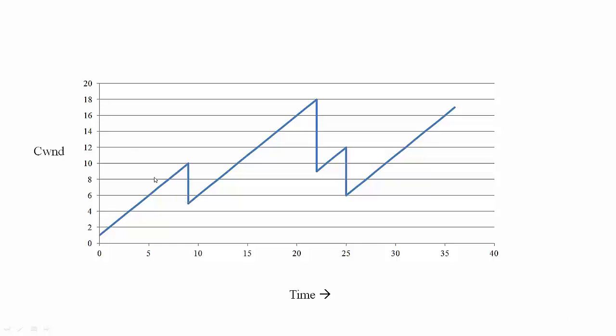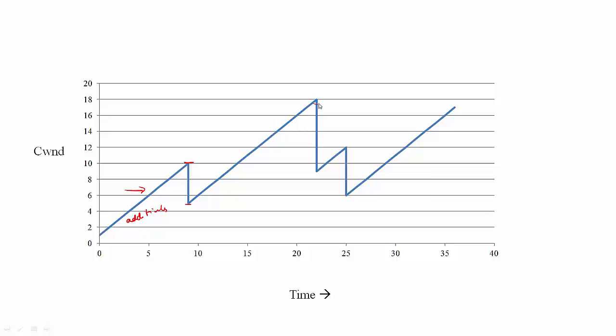So this congestion avoidance results in a sawtooth-based behavior, where you increase the congestion window additively over time till you hit a point where you hit congestion, and there you cut it by half. So this is 10, so you cut it by half to 5 and again probe additively. So again it increases linearly and it will again hit congestion.